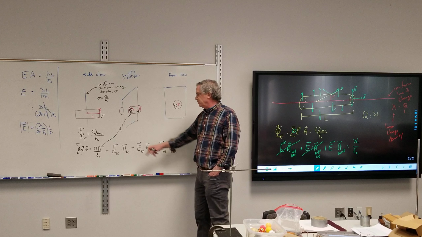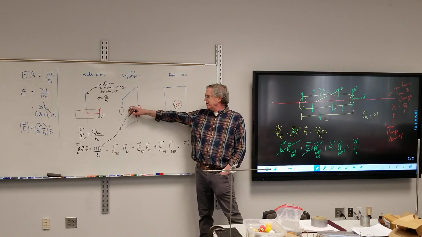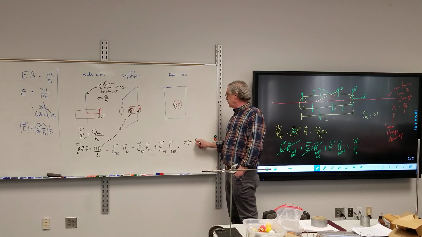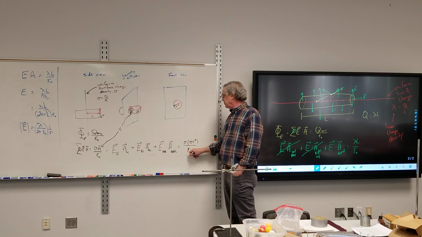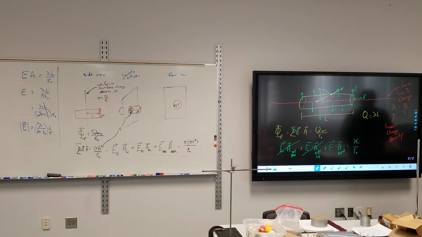It's going to be equal to sigma times this area here that I've hashed in black, pi little r squared, over epsilon sub naught. Dramatic pause for people to catch up in writing and to ask questions.